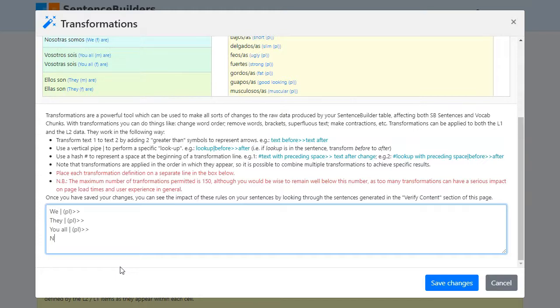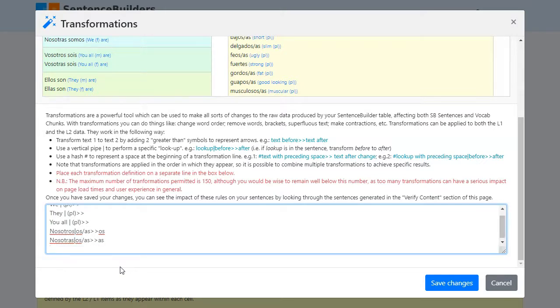We do a lookup saying nosotros, which is the masculine form, and we say in any sentences containing nosotros, we're going to change that os, as, to just os. And with nosotras, we're going to change the os, as, to just as.